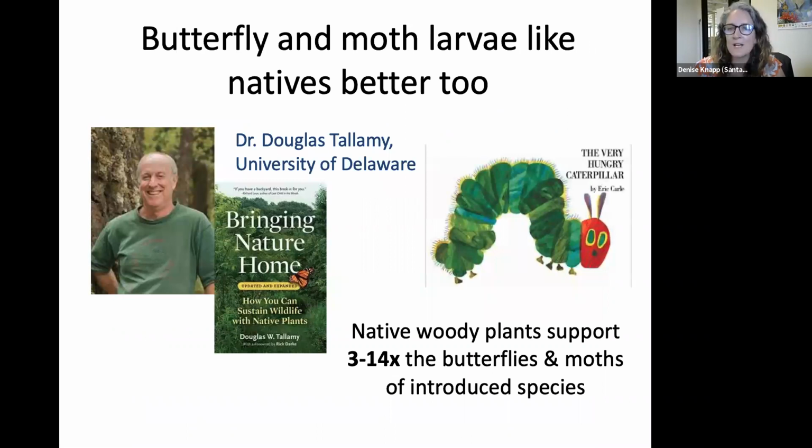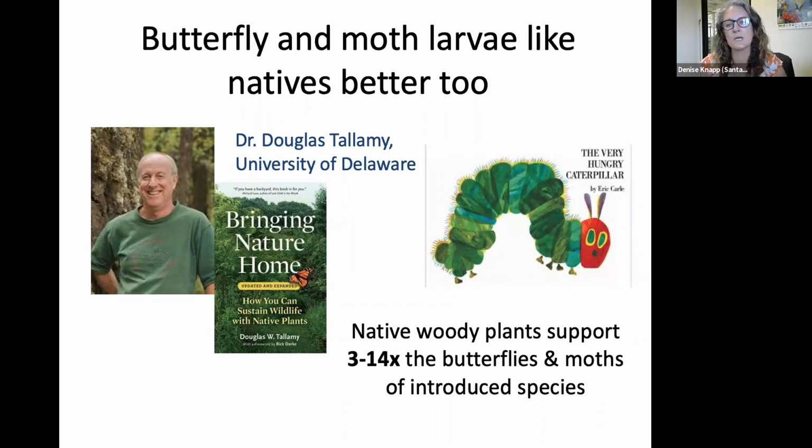Let's not forget the butterflies and the moths, which start as larvae. We all know this. We've probably read The Very Hungry Caterpillar and know that butterflies and moths start as caterpillars. And what do caterpillars eat? Well, they eat plants. And those caterpillars tend to be really specialized, which, as you can imagine, the plants are going to defend themselves, are going to evolve different defenses, and then the caterpillars are going to evolve defenses to get around those, and it's an arms race.